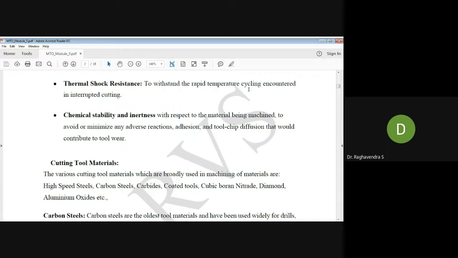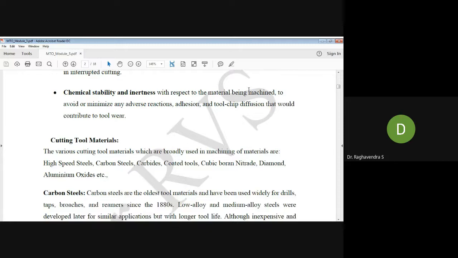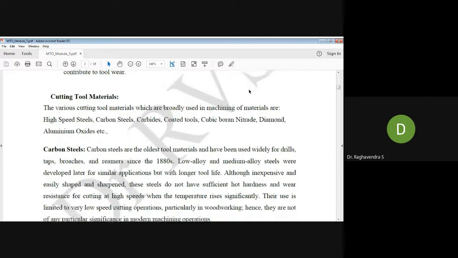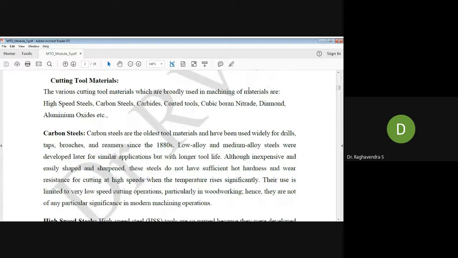Then you may ask, sir, if you tell us all these properties, which materials are normally used in our markets, in the lathe shop and machine shop? Yes, there are some materials: high speed steel, carbide steel, carbon coated steel, cubic boron nitride, diamond, and aluminum oxide.